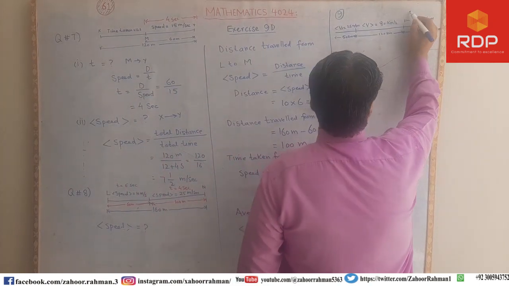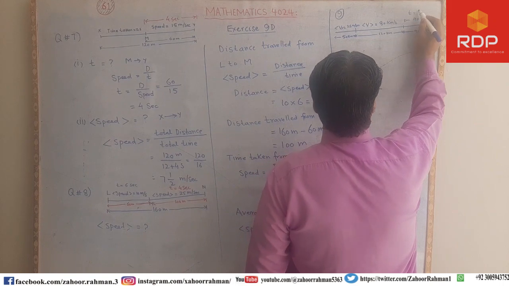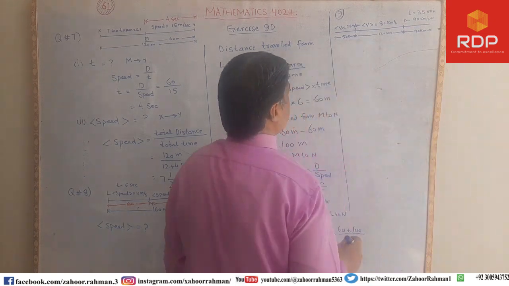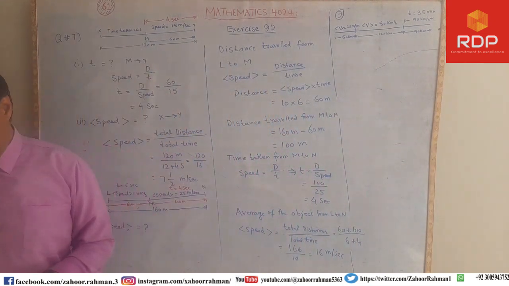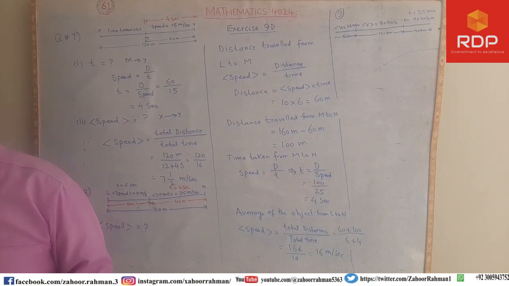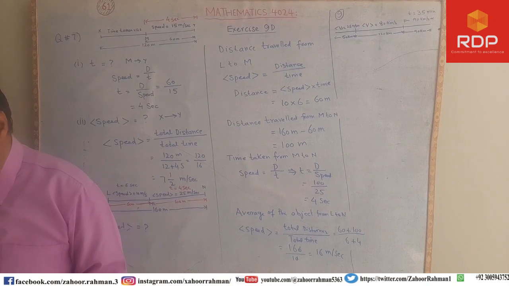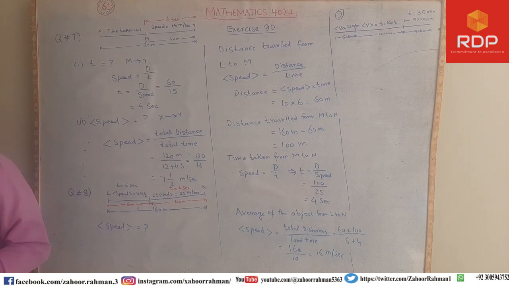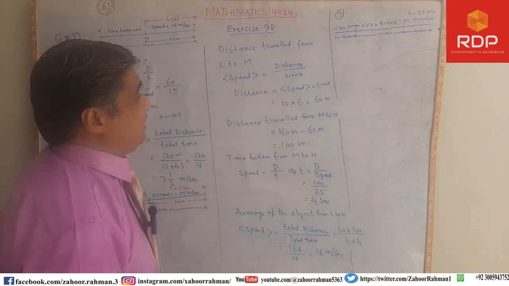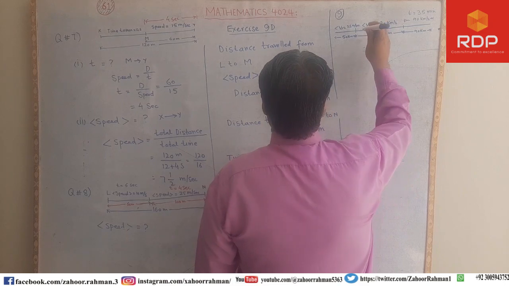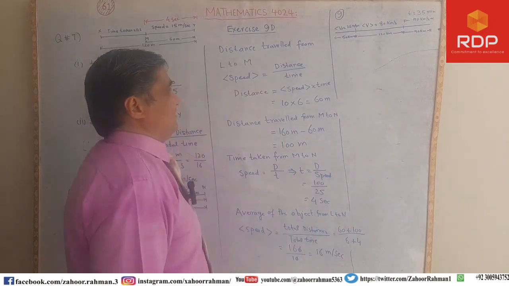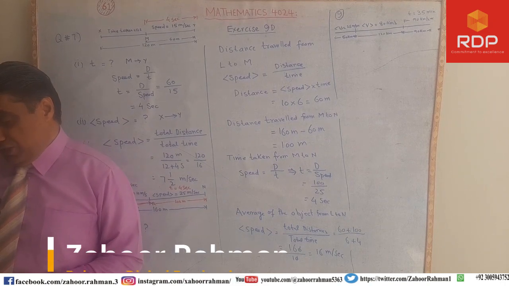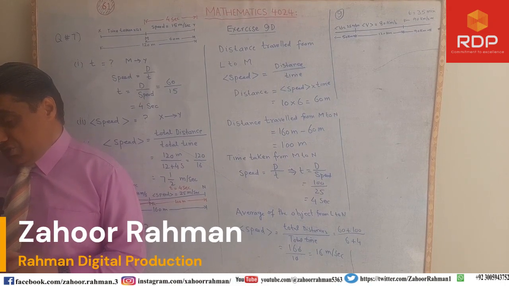The question says find the average speed for its entire journey, giving your answer in kilometer per hour. The first one is given in meter per second, so we have to convert it to kilometer per hour.